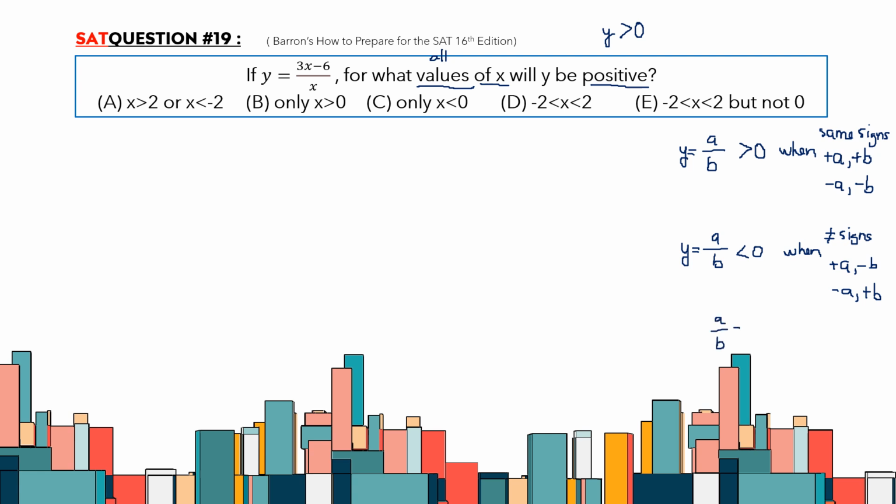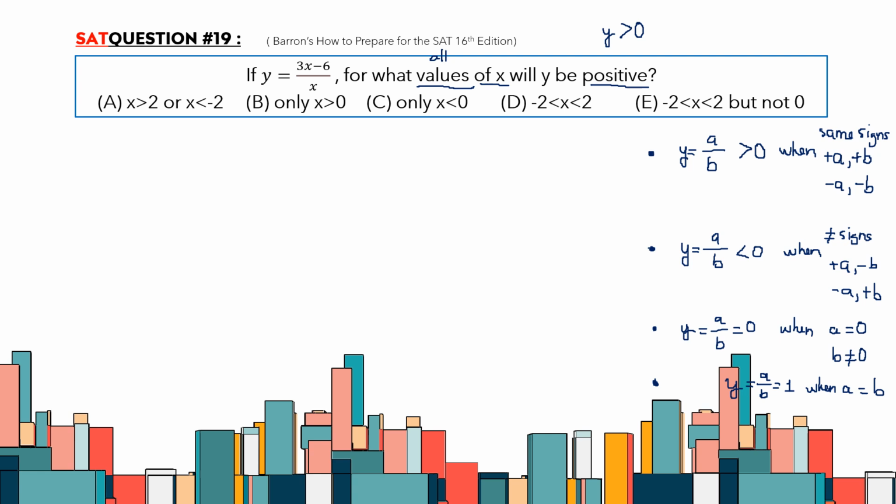A over b equals 0 when a is equal to 0, because b has to be different from 0. The denominator cannot be 0. And a over b equals 1 when a equals b. Those are all the cases we may consider for similar questions.